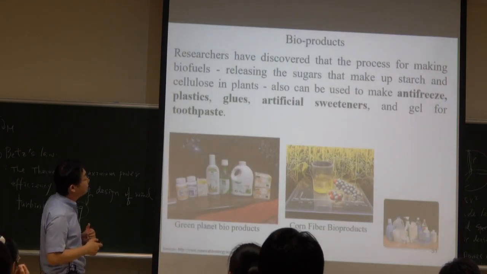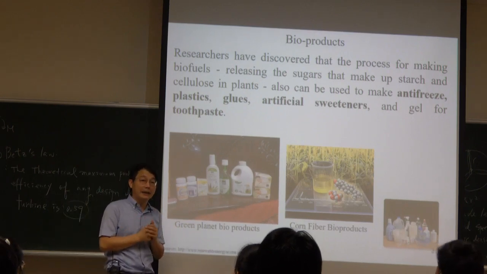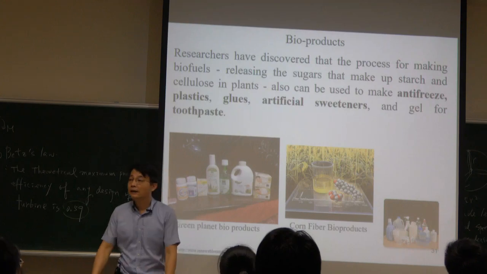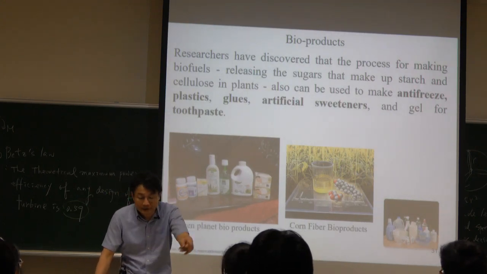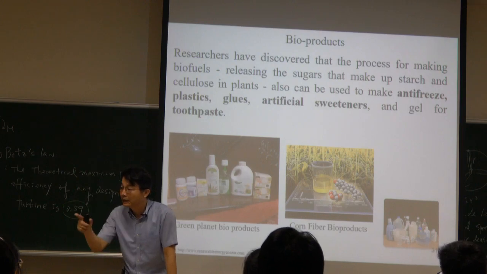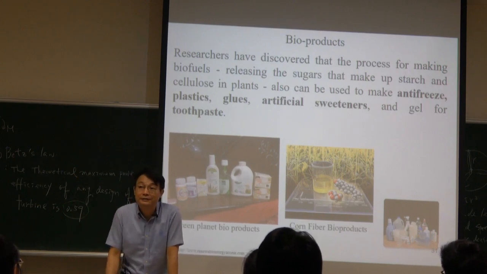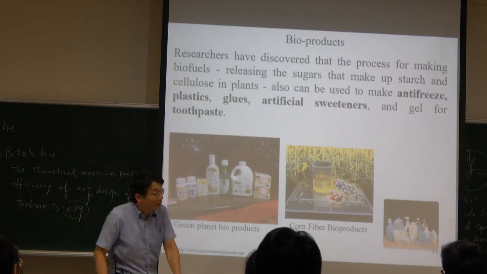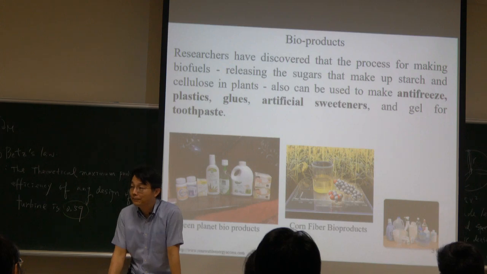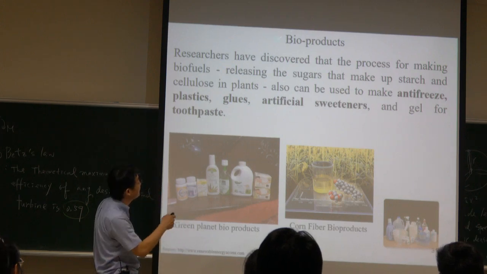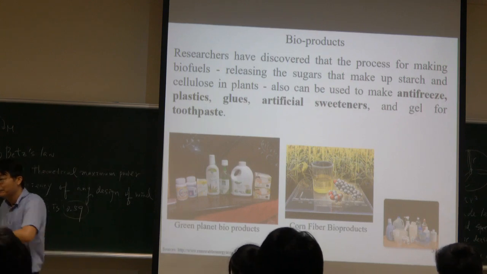Also, there are some bio byproducts. We have textiles and plastic, right? Plastic is one of the byproducts from fossil fuels. For biomass, you can also produce bio byproducts, because there are many steps in the product being produced.